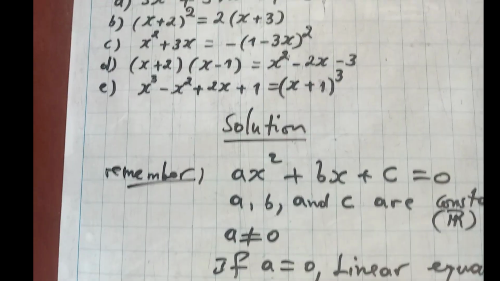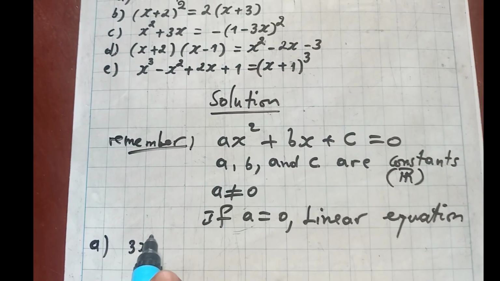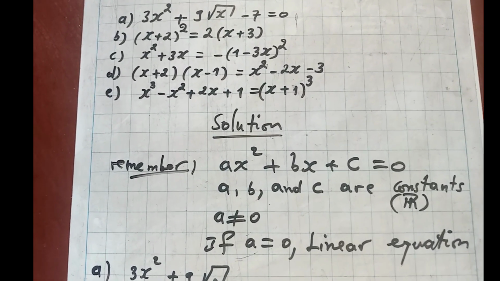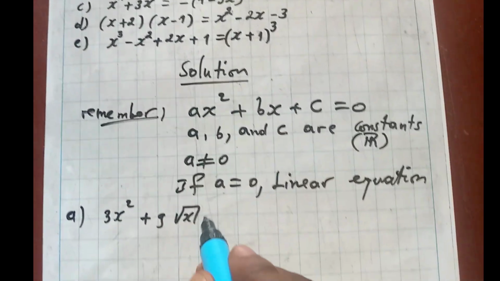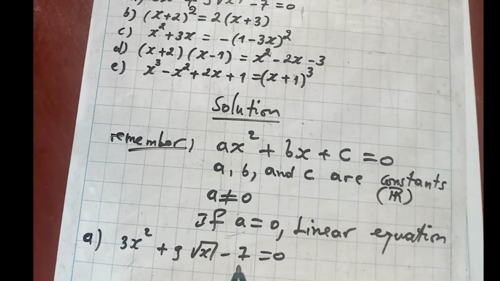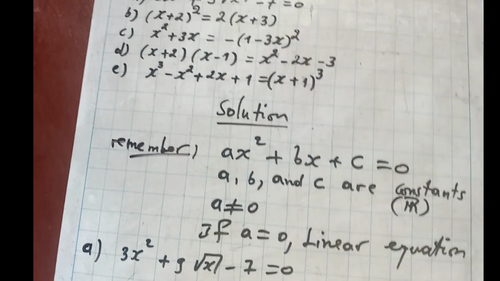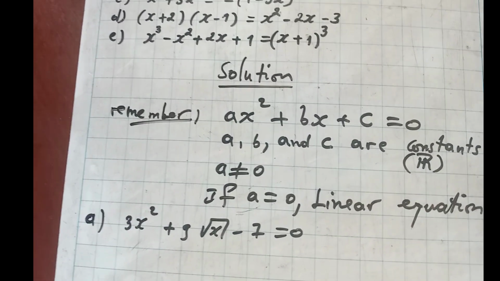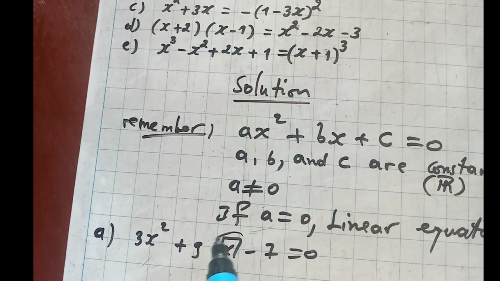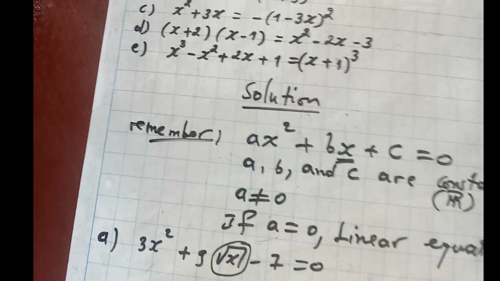Here we have 3x squared plus 9 square root of x minus 7, which is equal to 0. We have to check if this one is in the form of a quadratic equation. You see that this x is in the square root. Since it is in the square root, it is different from our x here.